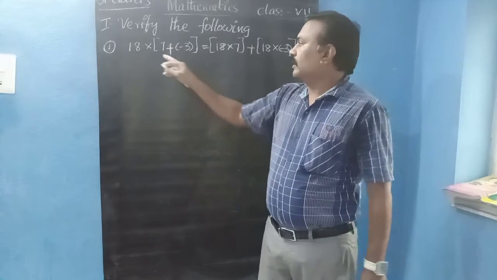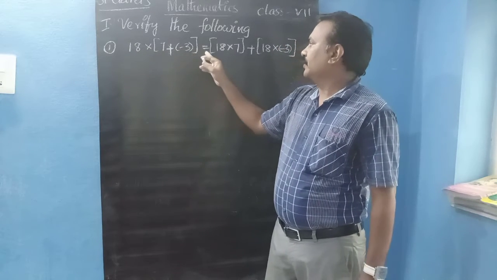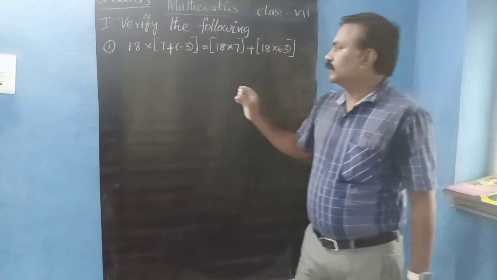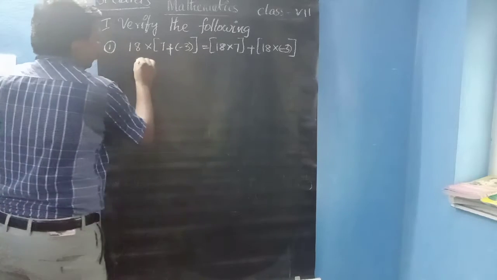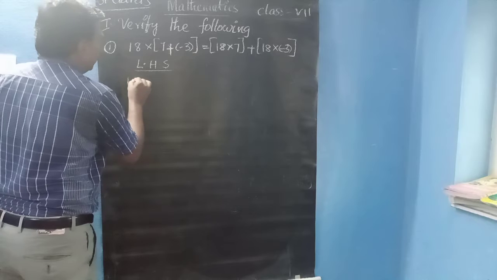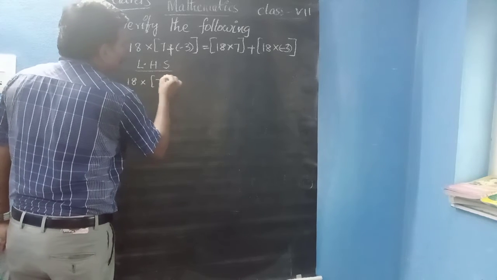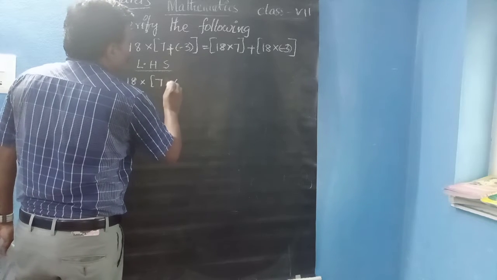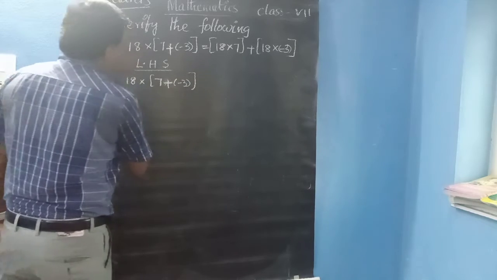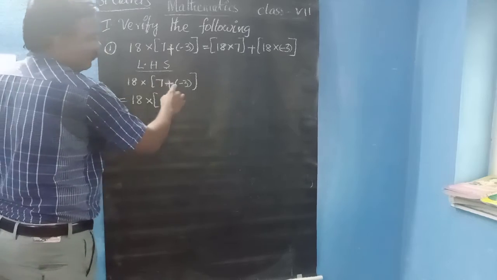Now look at the board. 18 into 7 plus minus 3 is equal to 18 into 7 plus 18 into minus 3. First of all take the left hand side, LHS. What is the left hand side? 18 into 7 minus 3, which is 18 into 7 minus 3.